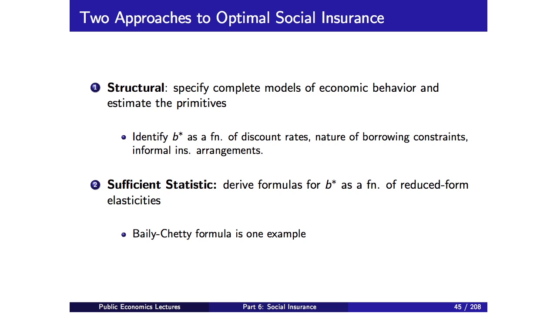So in this case, we would identify the optimal benefit rate as a function of various primitives of a model of search behavior. So for instance, discount rates, if you're in a dynamic environment, the nature of borrowing constraints, which are very important for determining agents' consumption smoothing ability, the degree of informal insurance, such that when you get unemployed, you might be able to borrow from family members and things like that.